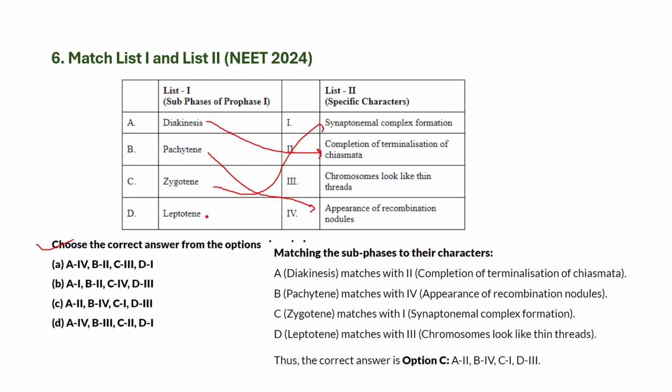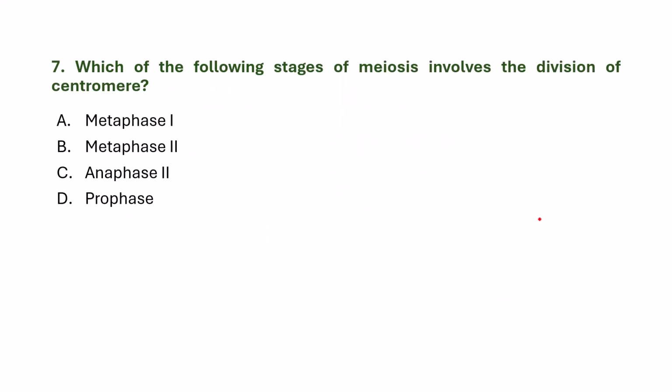And leptotene matches with the chromosomes look like thin threads. So the option is C, A2, B5, C1 and D3. Okay, so let's move to another question.